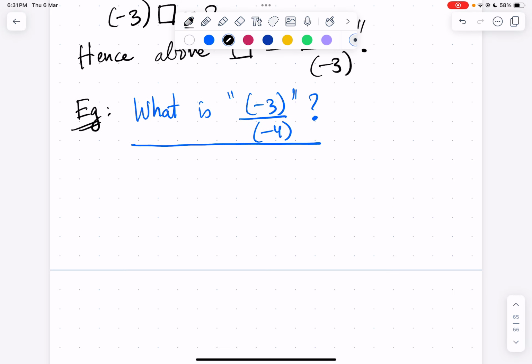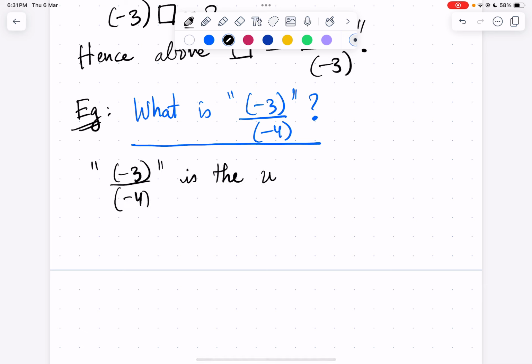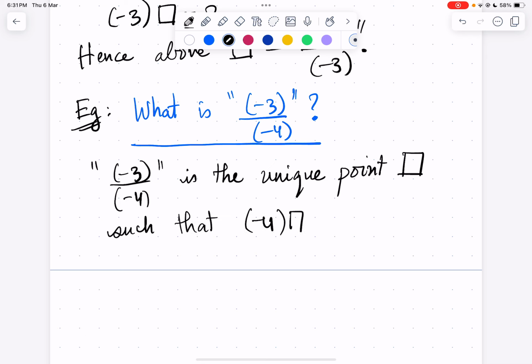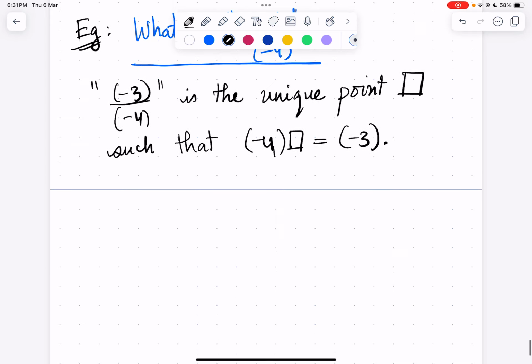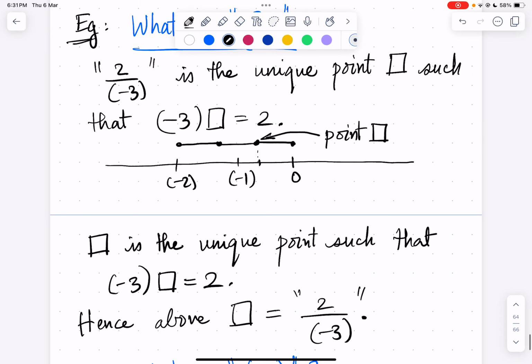So by definition, -3 by -4 is the unique point box such that -4 times box gives -3.